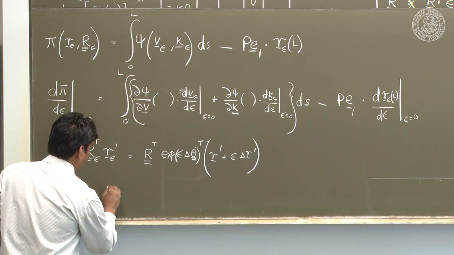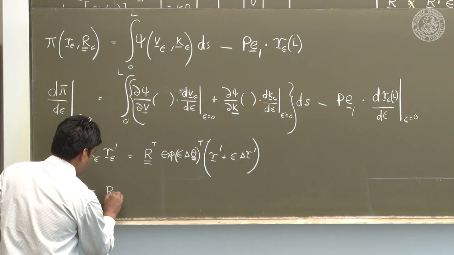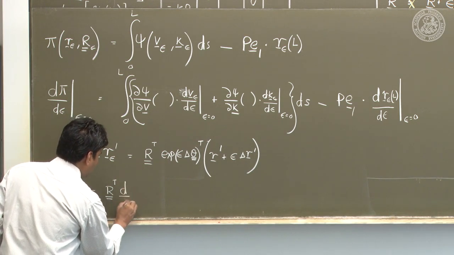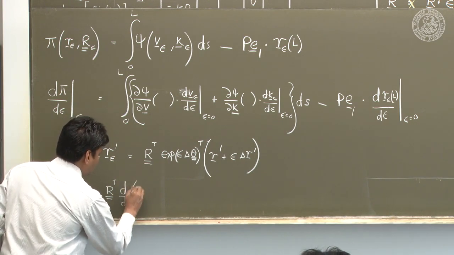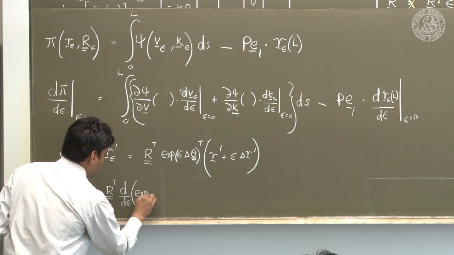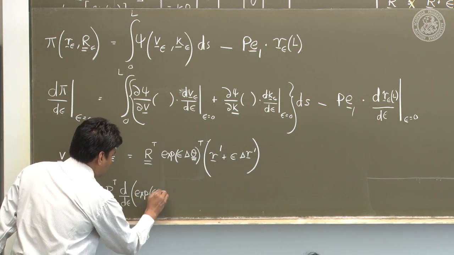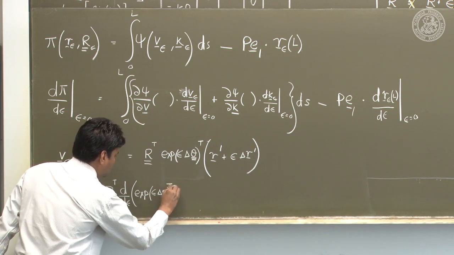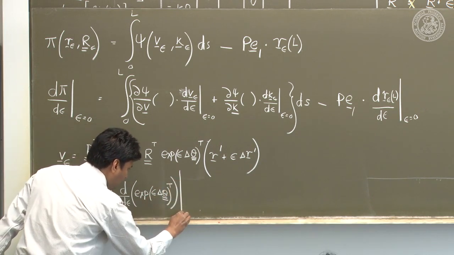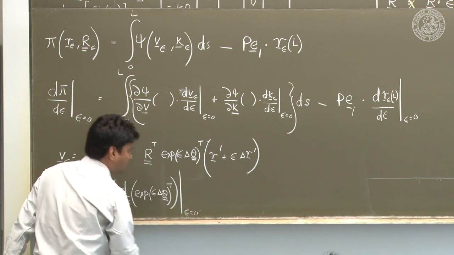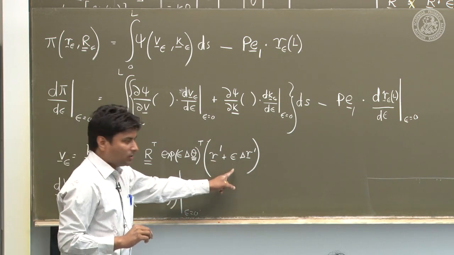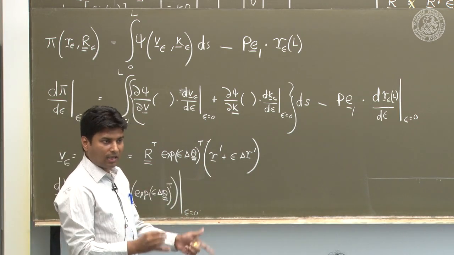So you get big R transpose d over d epsilon of exponential of epsilon delta theta, transpose, evaluated at epsilon equal to 0, multiplied by this thing at epsilon equal to 0.